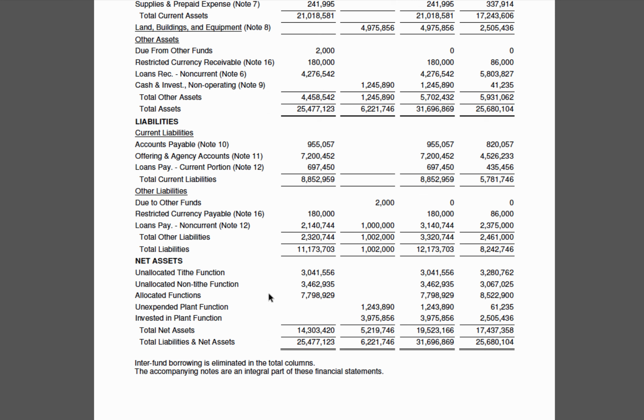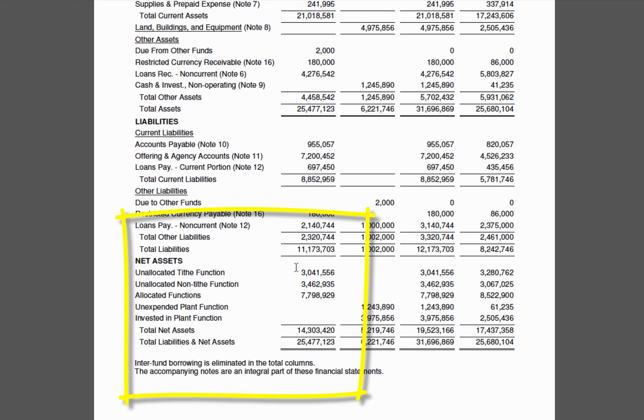Now every fund has its own net assets. The net assets are the ownership, so to speak, of the fund. In business terms, this would be called the capital section or the equity section of the balance sheet. This is called net assets in the nonprofit environment because you have total assets minus the liabilities equaling the net assets down here at the bottom.